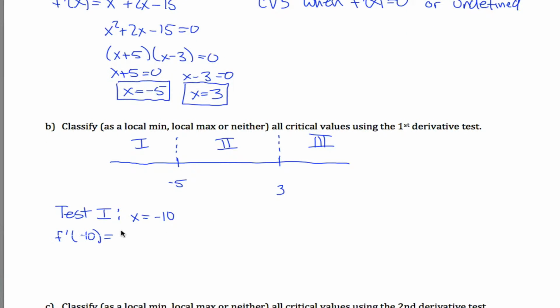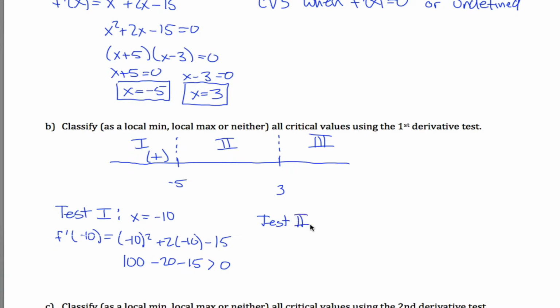So I have to figure out, is negative 10 squared plus 2 times negative 10 minus 15 a negative number or a positive number? Well, I think it's going to be a positive number because negative 10 squared is 100, and that's pretty big. Even if I subtract 20 and then subtract 15 more, it's still going to be a positive number. So the derivative at negative 10 is positive, and therefore the derivative at all points in region 1 is positive.